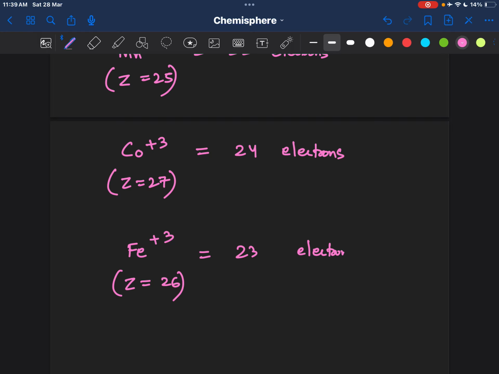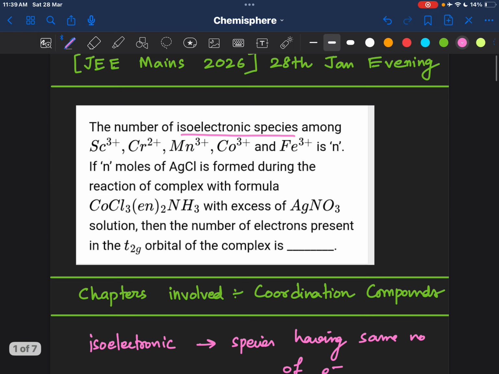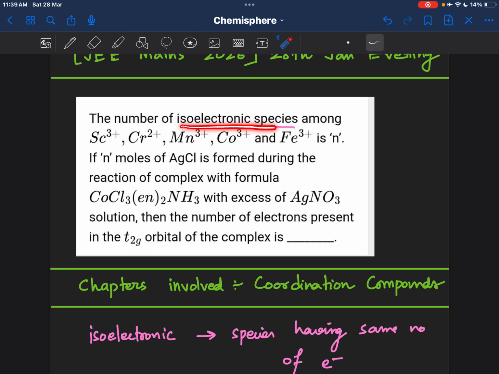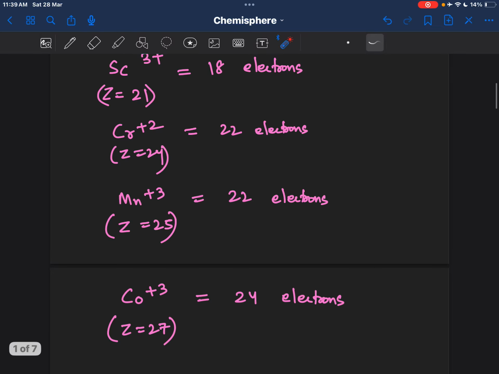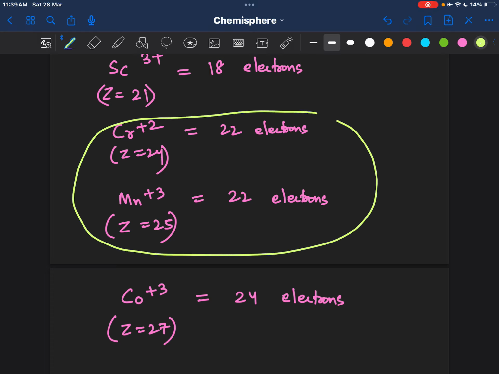In the question they are saying the number of isoelectronic species among them is n. When we observe carefully, we see that Cr2+ and Mn3+ are the isoelectronic species, so 2 of them are isoelectronic, therefore n is equal to 2.